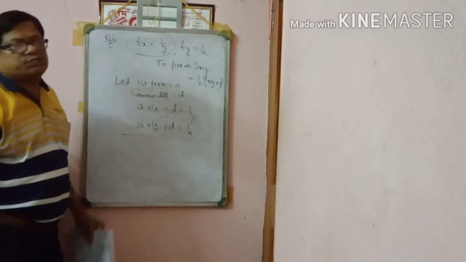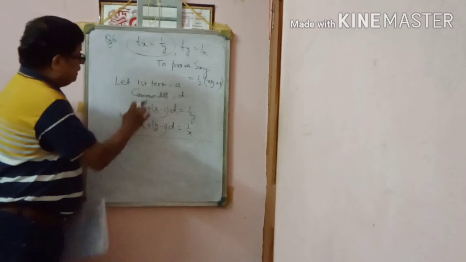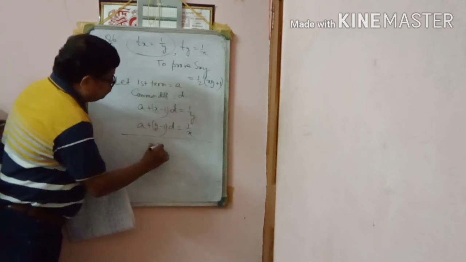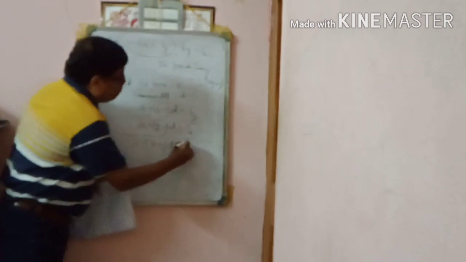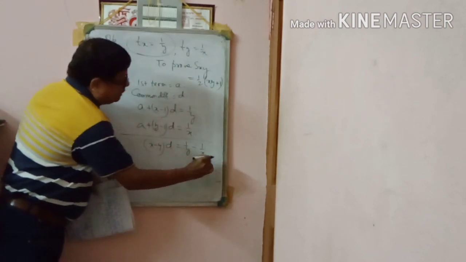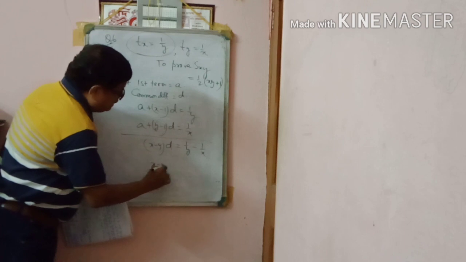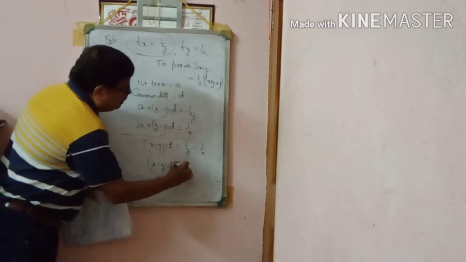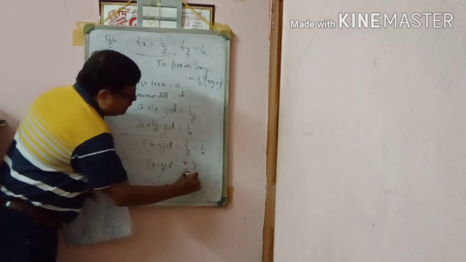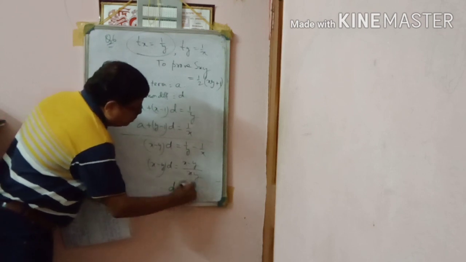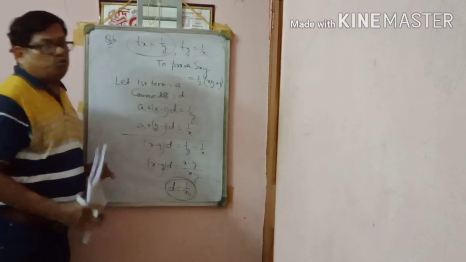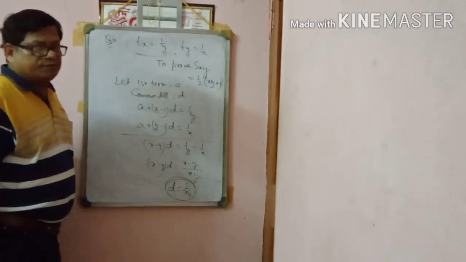You have to subtract these two. So a cancels, (x minus y) of d, the 1 cancels, equals 1 by y minus 1 by x. So (x minus y) of d equals (x minus y) by xy. So d equals 1 by xy.